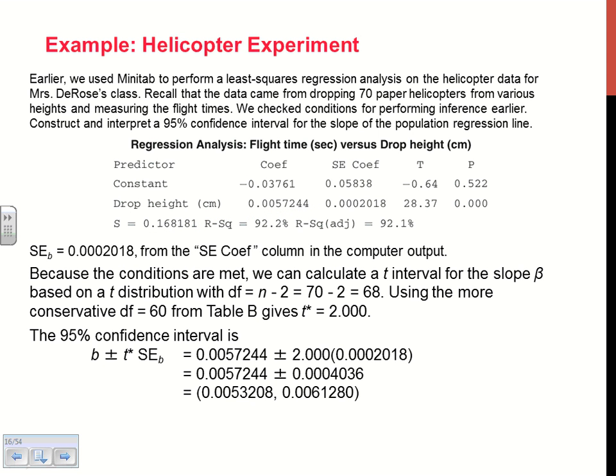We can find that n was 70, so 70 minus 2, we have 68 degrees of freedom. You can either go to the table, or you could put this into your calculator. Let me get my calculator out so I can tell you.